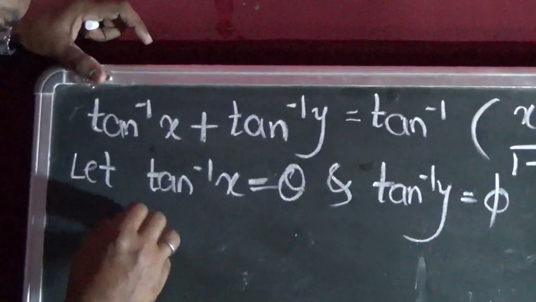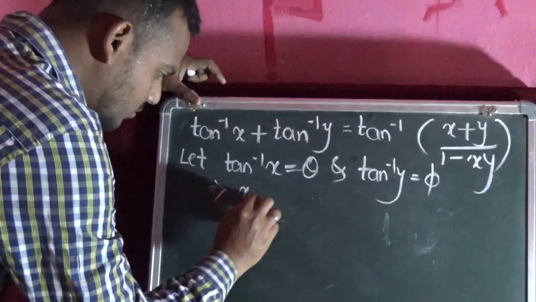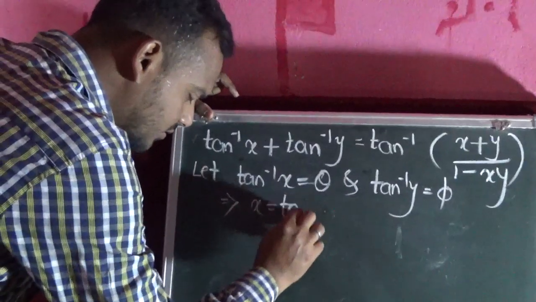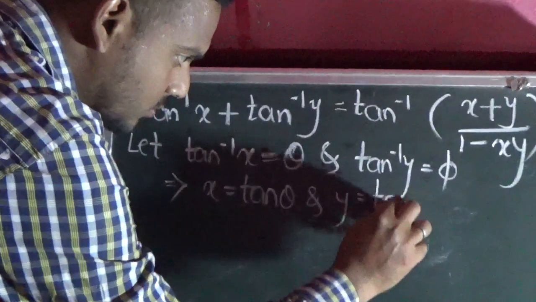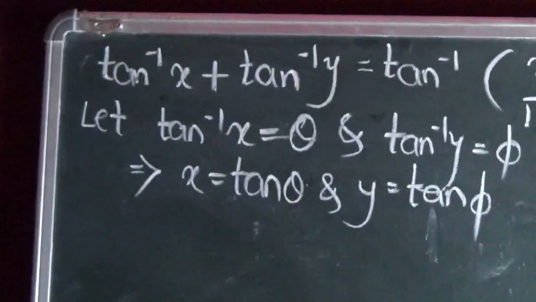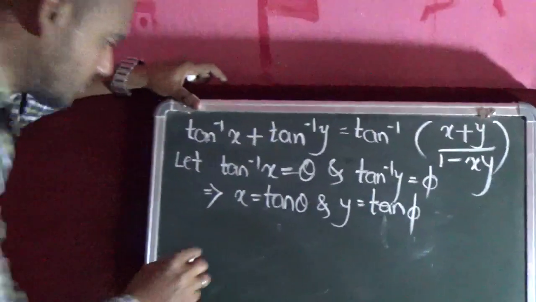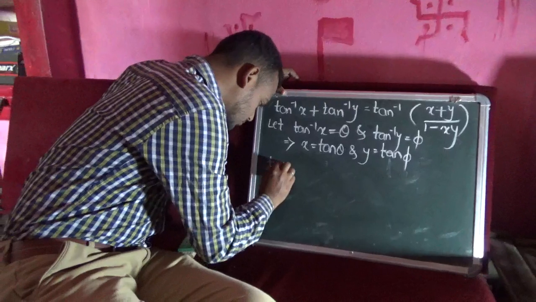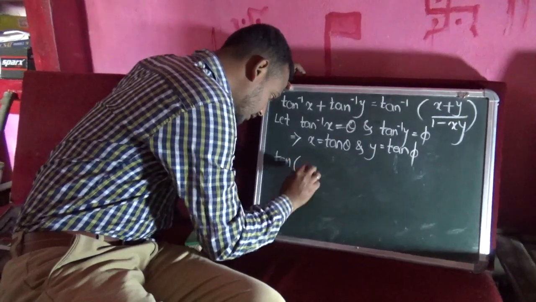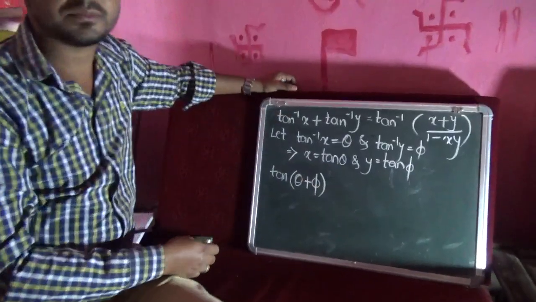This implies that, taking tan on both sides, we get x equal to tan theta and y equal to tan phi. Now we are going to find the value of tan of theta plus phi.